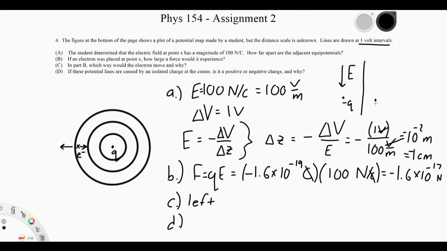Alternatively, if the charge is positive, it has the opposite effect, and the electric field would be pointing away. So in this case, we have the electric field pointing towards the center, where our charge is located, so we know that the charge must be negative.